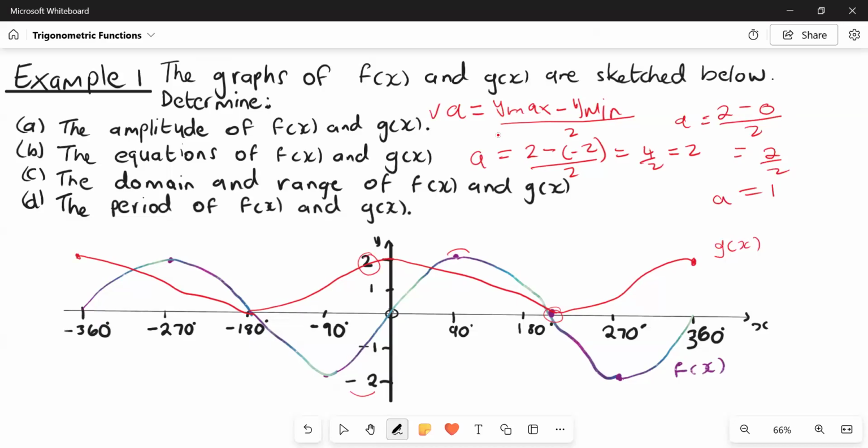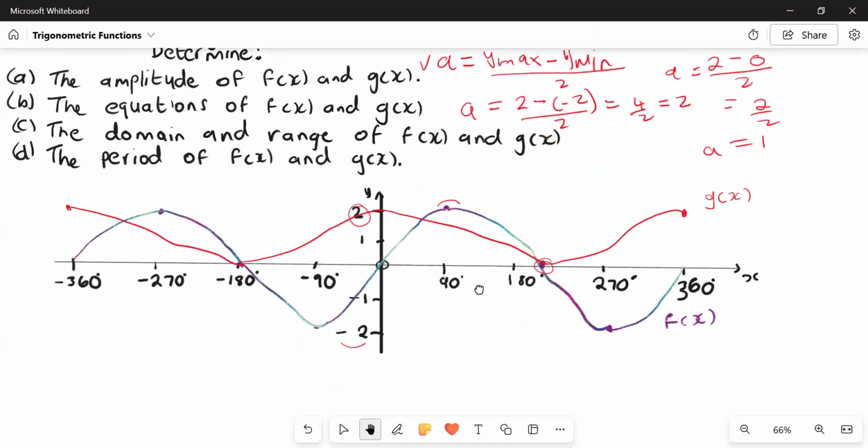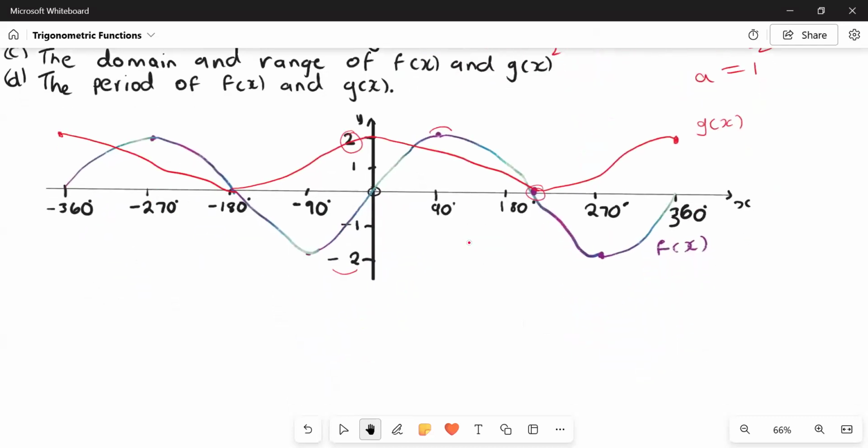And then the equations of f of x and g of x. So how do we get the equation of f of x and g of x? Okay, let me do this.